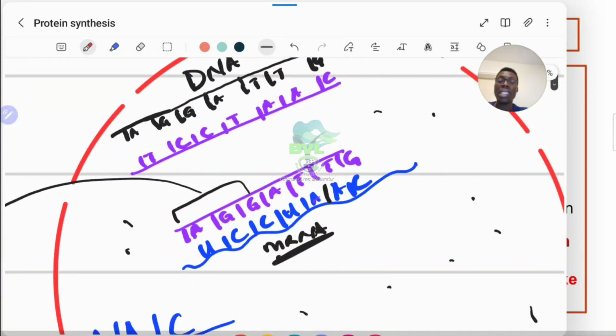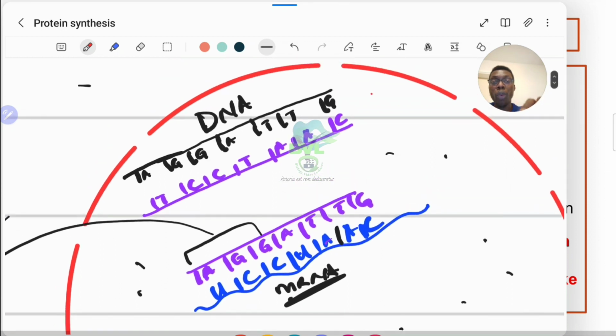And that is what you're seeing here. So we are forming complementary base pairs with these. So it's normally supposed to be A to T in DNA, but it's going to be A to U, C to G, C to G, A to U again, then T to A, like that.